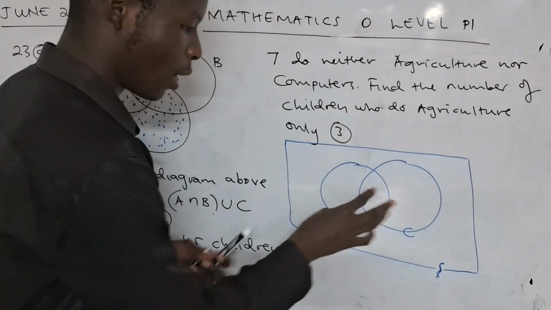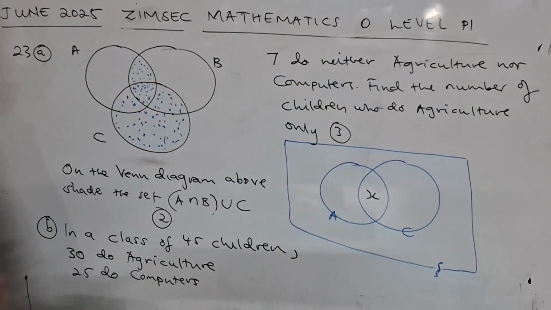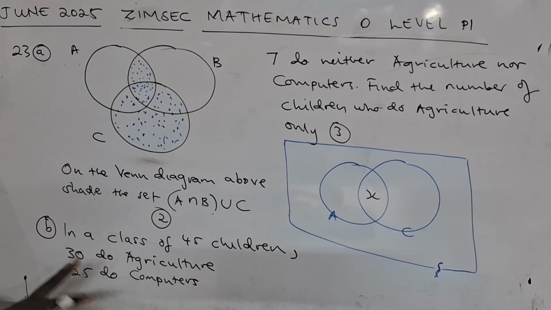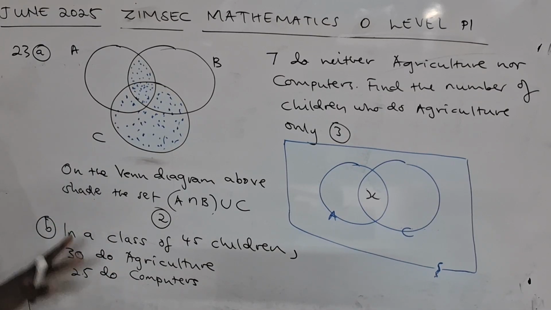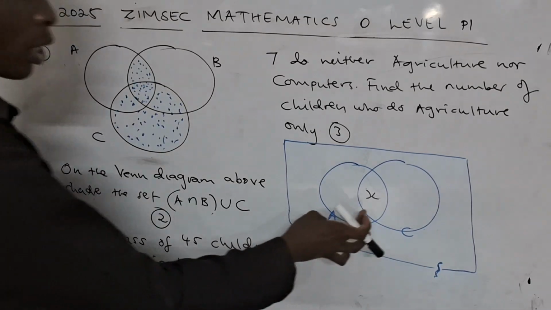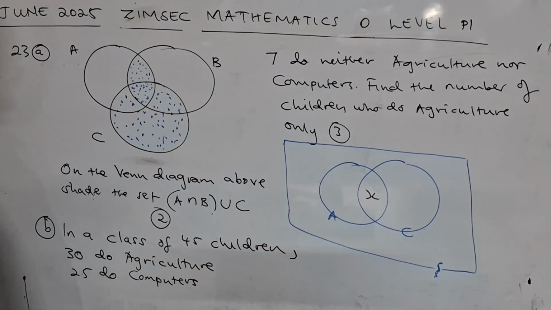Even some of the students will be confused, and they will be like, I want to study both agriculture and computers. So I'm going to say, suppose X are studying both agriculture and computers.